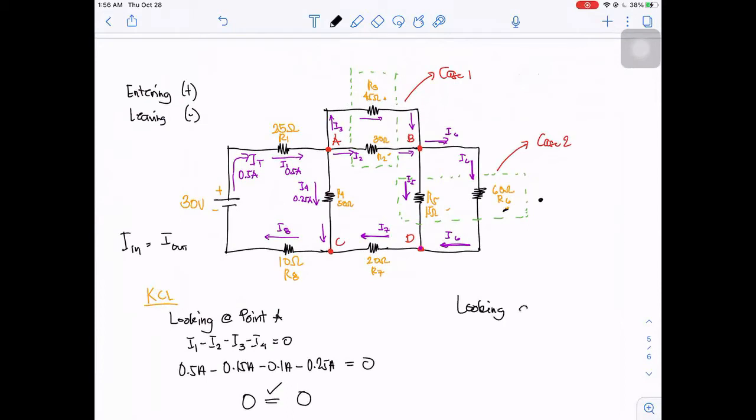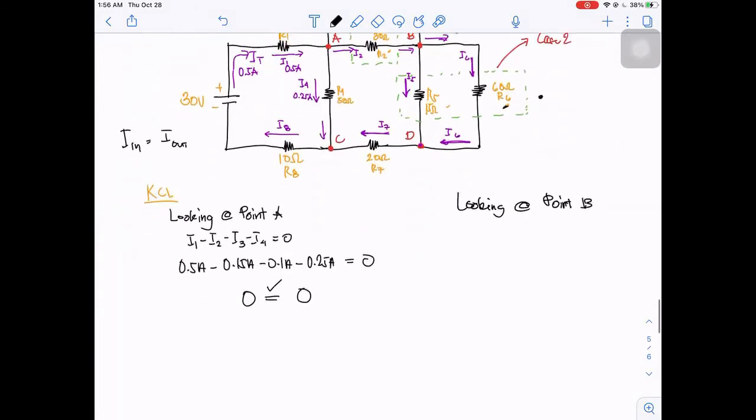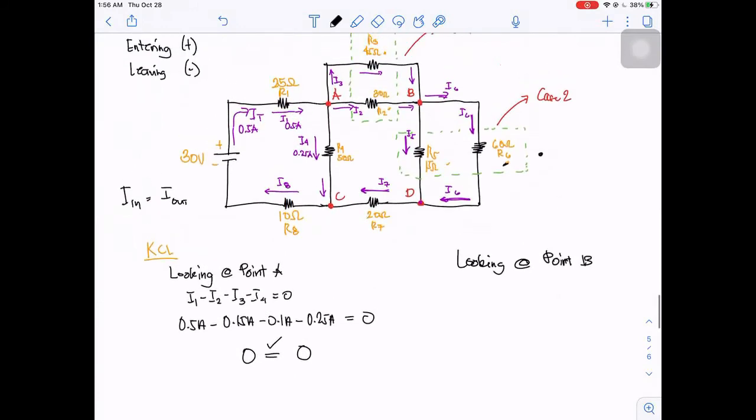looking at point B. So we have I3 as the entering current. Also, we have I2 entering current, and the leaving currents are I5 and I6.